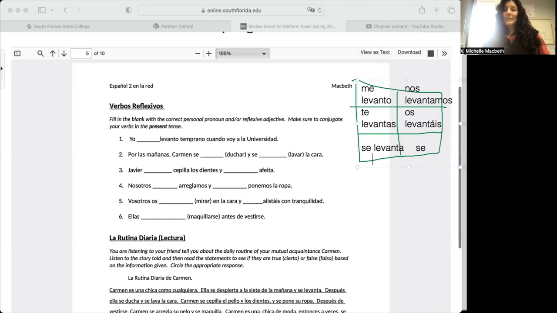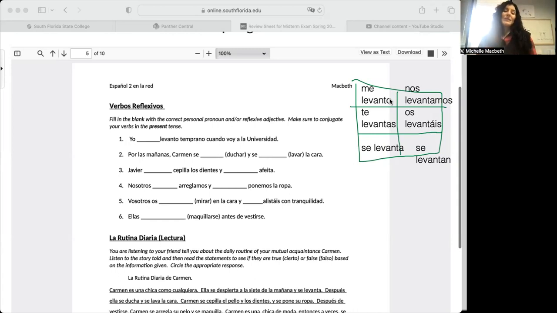Se levantan. Okay, so this is just to remind me, so I can have an example of what I'm looking at. So I want to remember two pieces, right? First, this always has to match with whatever the subject is. And then again, the ending still needs to match the subject, right? And then if it's a stem changer or whatever, that still needs to factor in, okay?